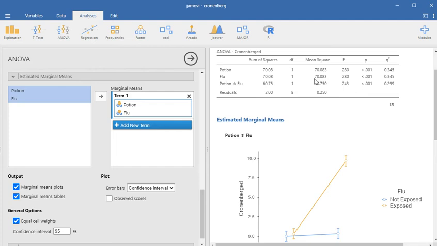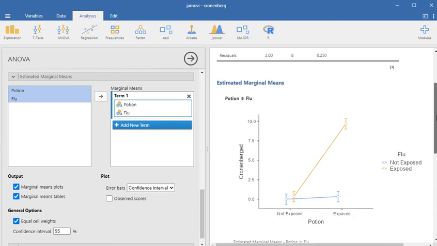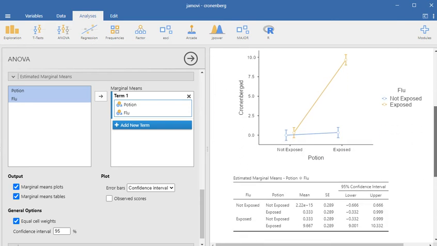Okay, and of course, once we have two significant main effects and a significant interaction, we can focus our attention on the interaction per se and begin to characterize that interaction.